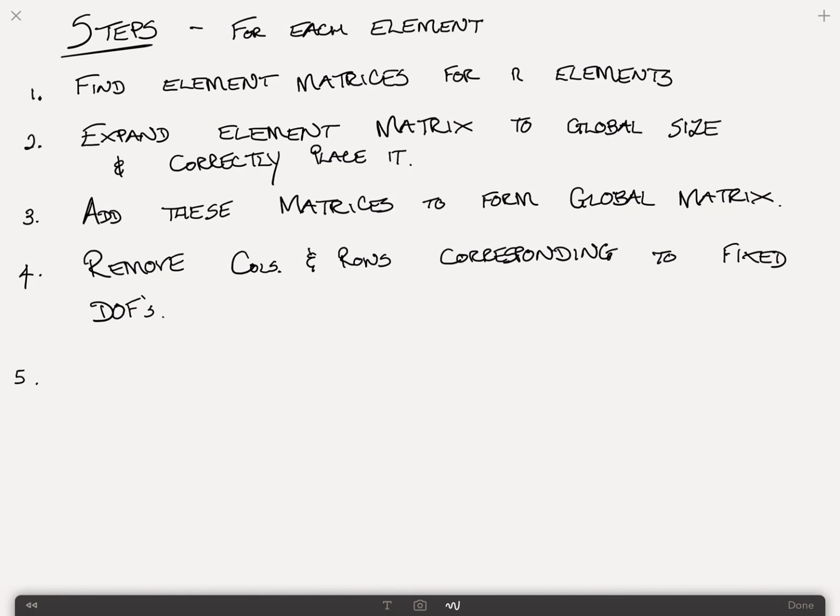Okay, 5. We've got to do this for both. Do this for both mass and stiffness.